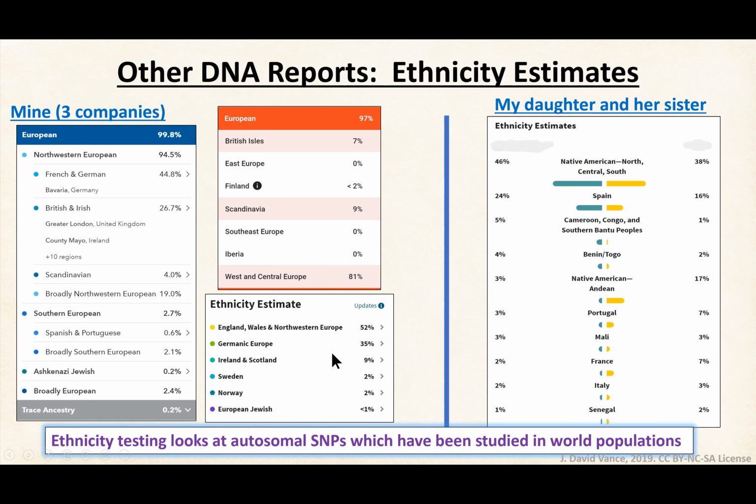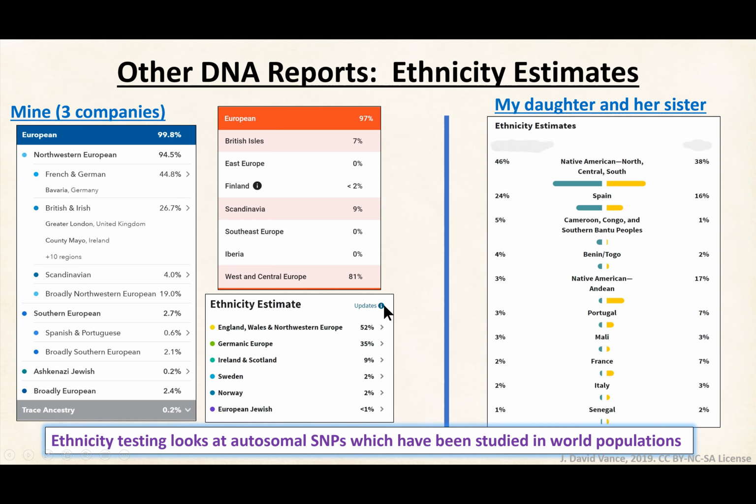The third company I've tested with puts me 52% in England, Wales, and Northwestern Europe category, with 35% Germanic Europe, basically Germany, 9% Ireland and Scotland, 2% Sweden, 2% Norway, I guess that translates to my 4% Scandinavian, less than 1% European Jewish.